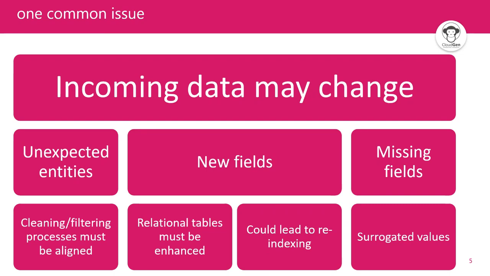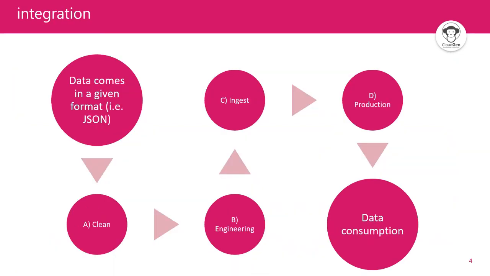If the requirements change, for instance by adding new entities to the output model, or just new fields in a single entity, or a missing field, or some fields that are different in terms of semantics, you should change something in this pipeline, for instance the cleaning process or the engineering of the tables. Let's take an example.